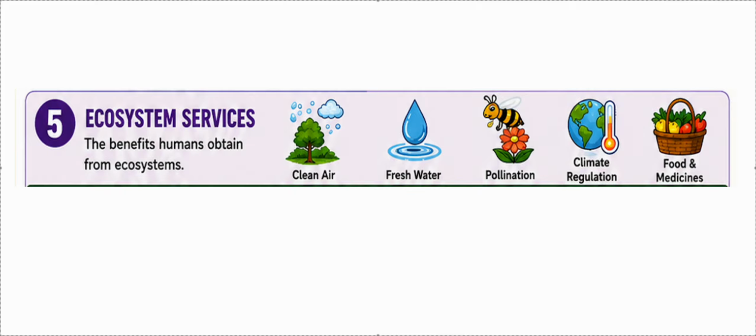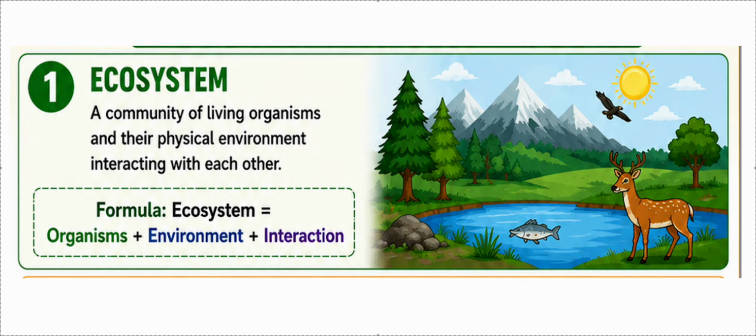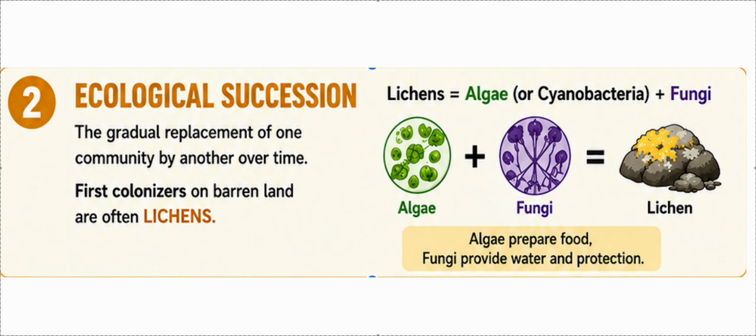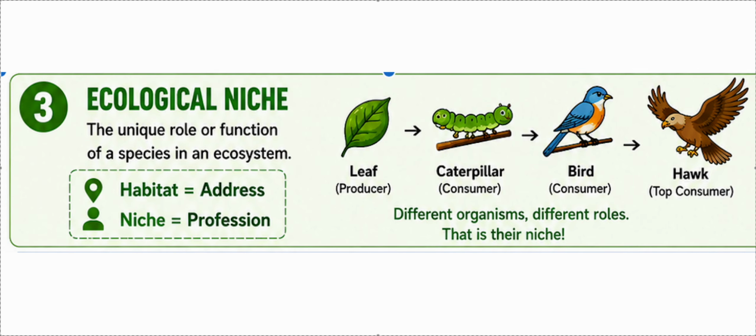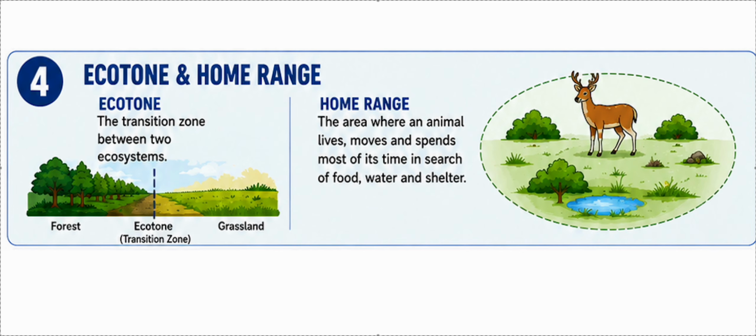Okay, so let us take a quick revision. First we studied ecosystem: the organism, the environment and the interaction. Then ecological succession, where nature changes communities gradually. Next is niche. Niche is the job or profession of each organism. Then ecotone is the transition. Remember the T in ecotone, T for transition zone. Then home range.